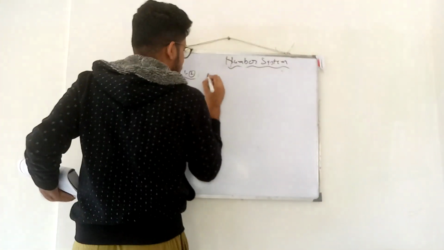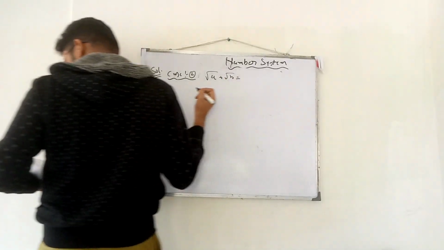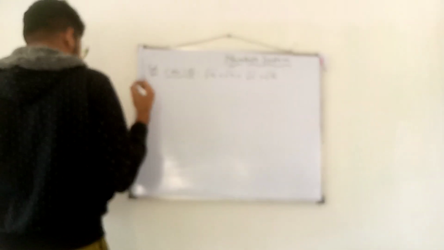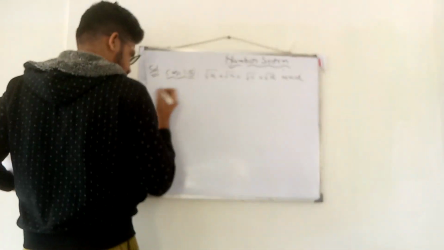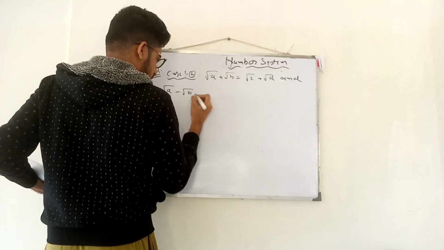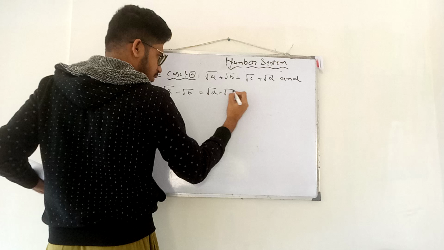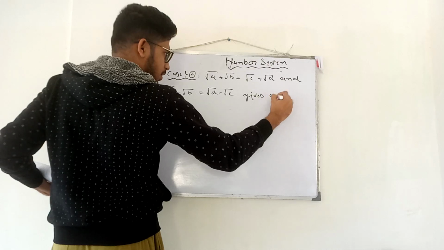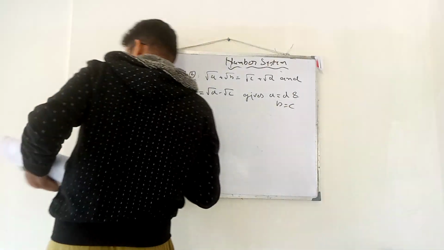Suppose root a plus root b is equal to root c plus root d, and root a minus root b is equal to, here we have written, root d minus root c. This gives a is equal to d and b is equal to c.